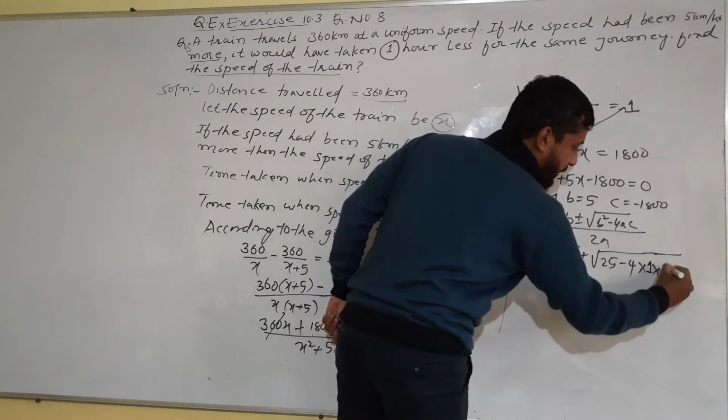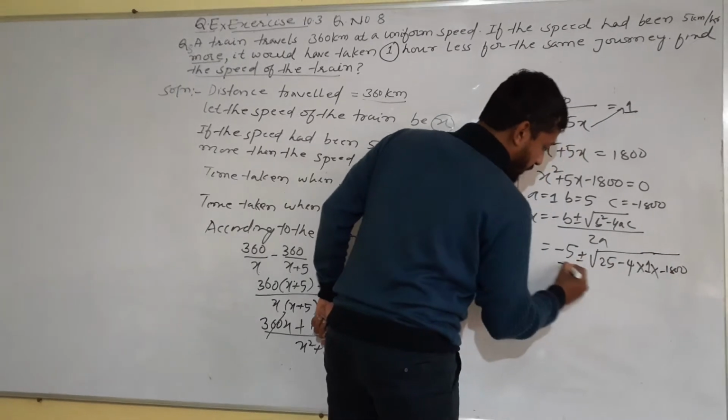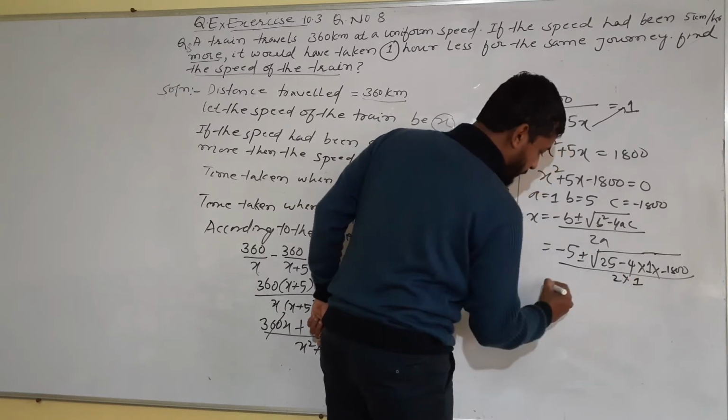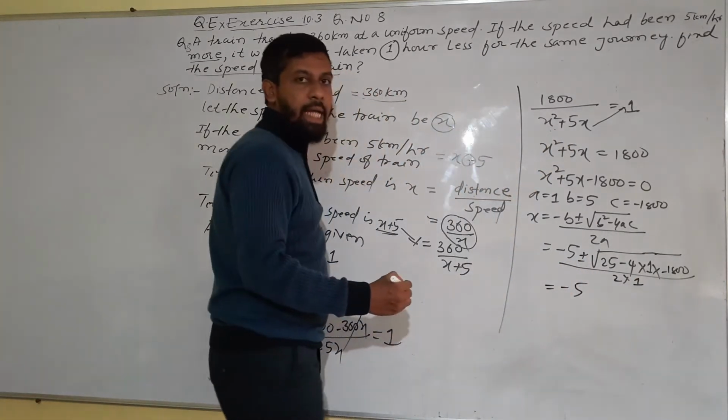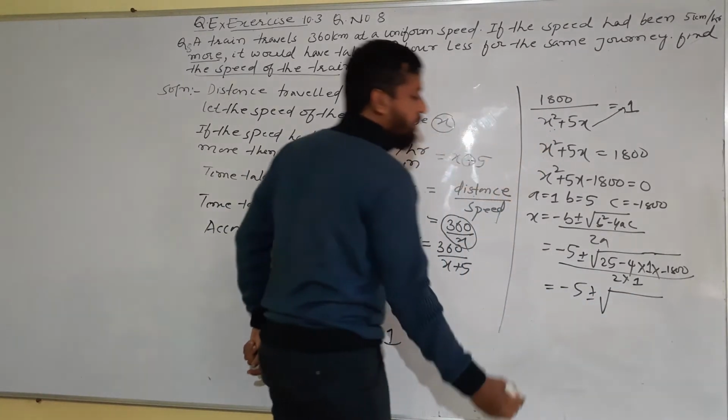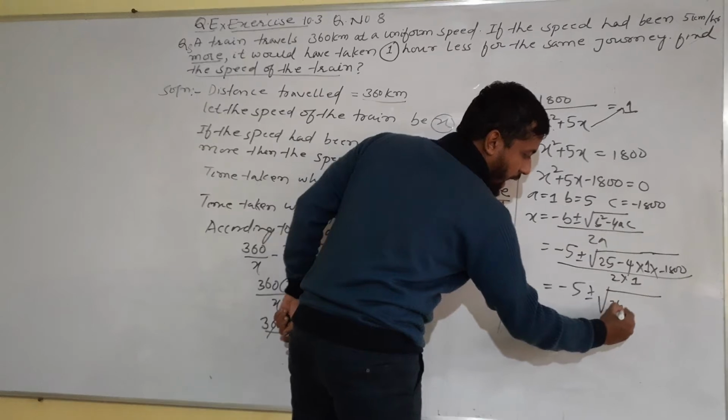Minus 1800. Whole divided by 2 into a, 2 into 1. This minus 5 as it is, plus or minus under root of 25 as it is.